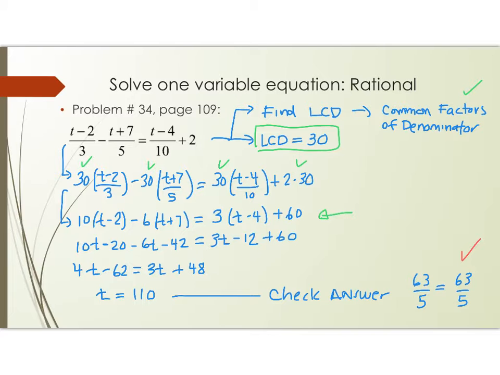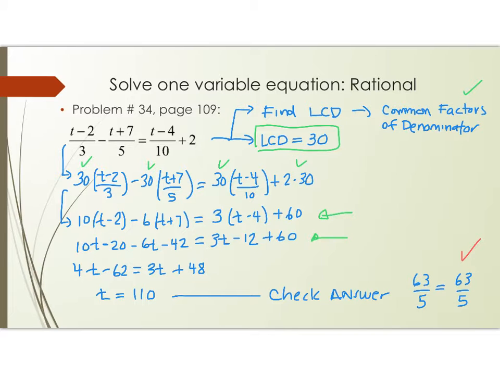Okay, then we start doing the distributive property. We distribute the 10. We get 10t minus 20. We distribute the 6, minus 6t minus 42. Notice the negative still is carried with the 6, is equal to 3t minus 12 plus 60.